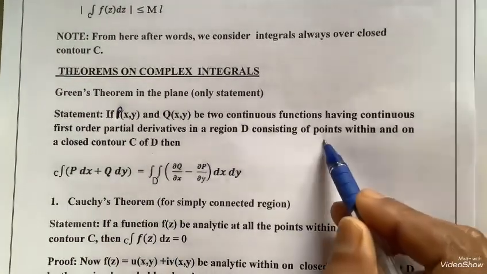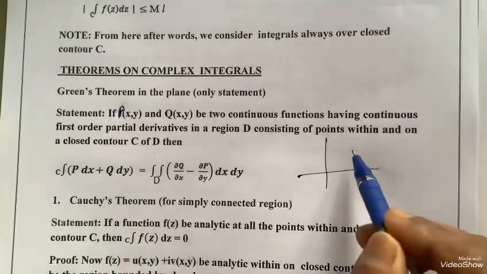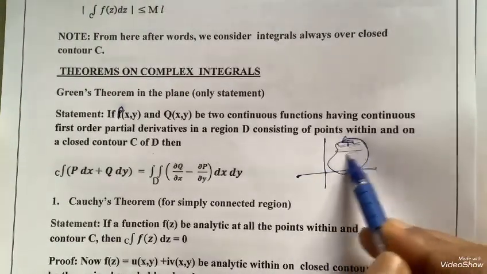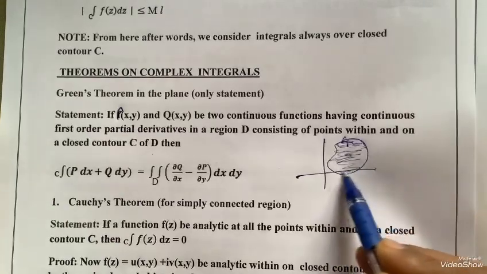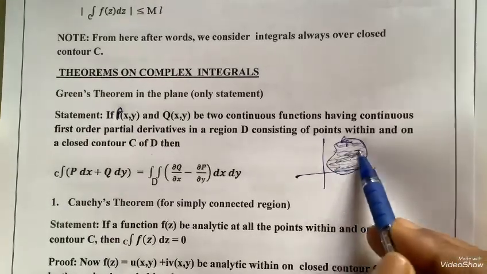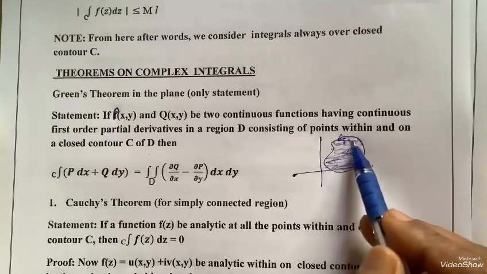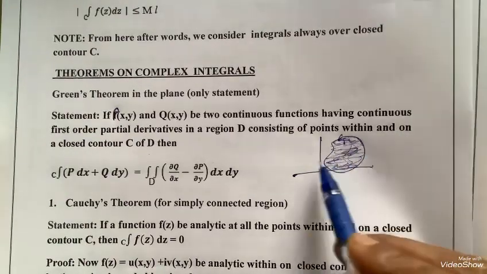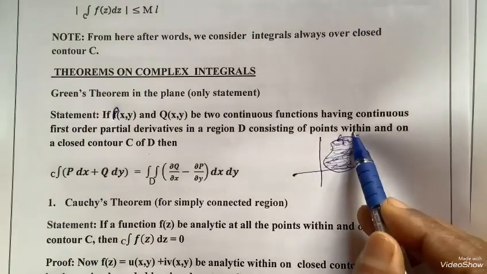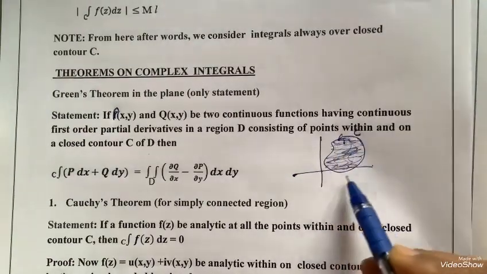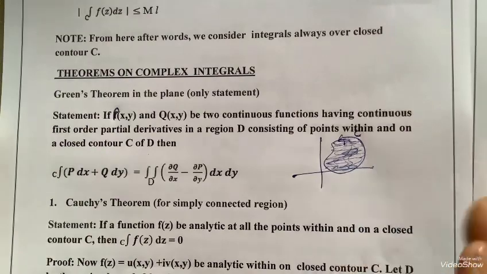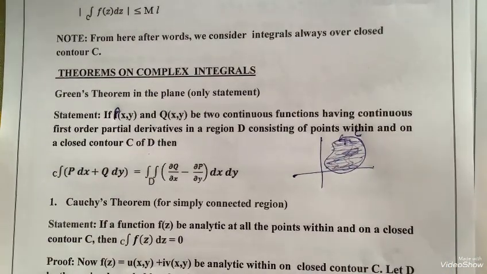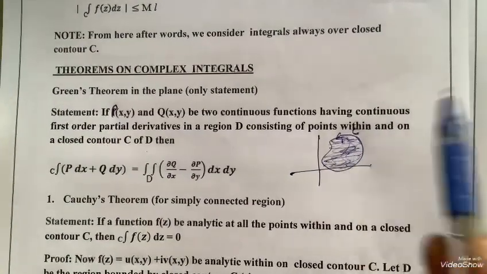This is the complex plane. In that, this is the curve C, and this is the region bounded by the curve C. This is the region D. So the function is analytic within this as well as on the boundary, within and on the closed contour. Analytic means it is differentiable, and nowhere is it infinity at all the points within C as well as on the boundary.